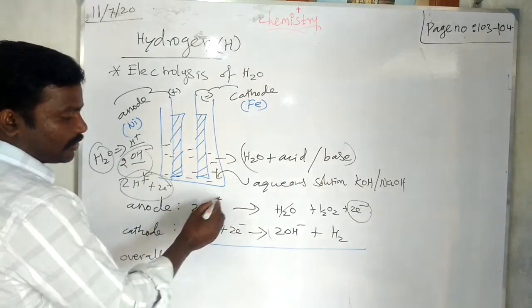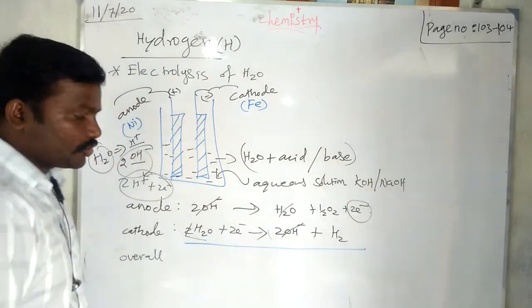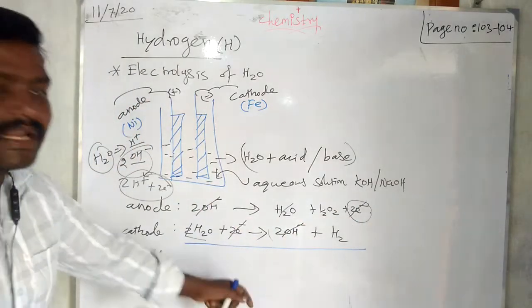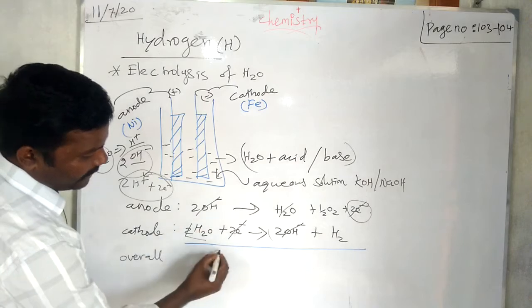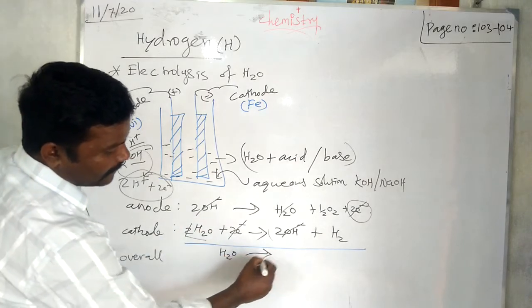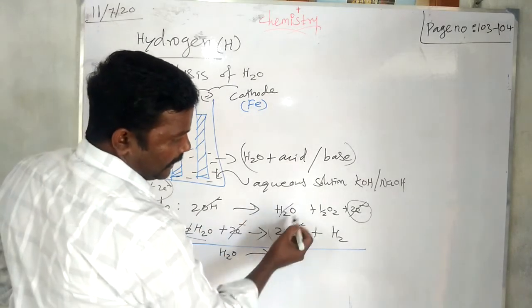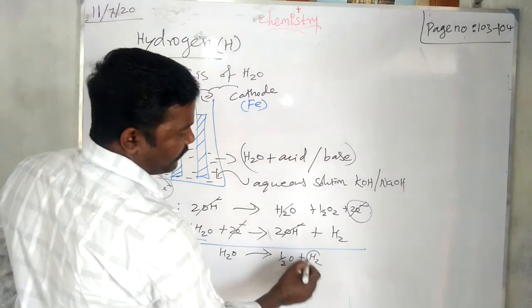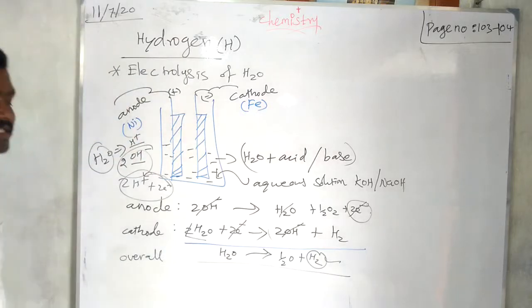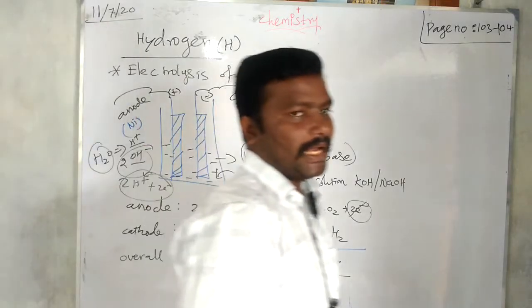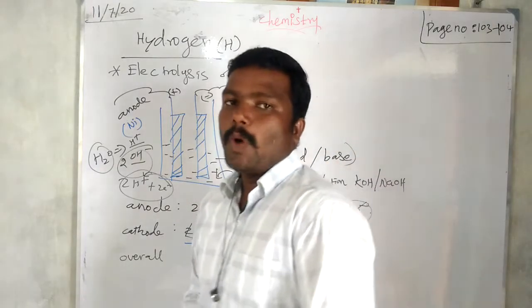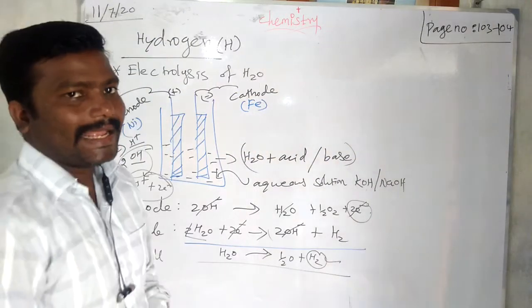There are 2 OH groups here and 2 OH groups there, and 2 electrons and 2 electrons. The remaining we can write at the bottom: water on this side, and O2 plus H2 on the other side. So we got the hydrogen gas in this preparation. We have prepared hydrogen gas by electrolysis of water containing a trace of acid or base.